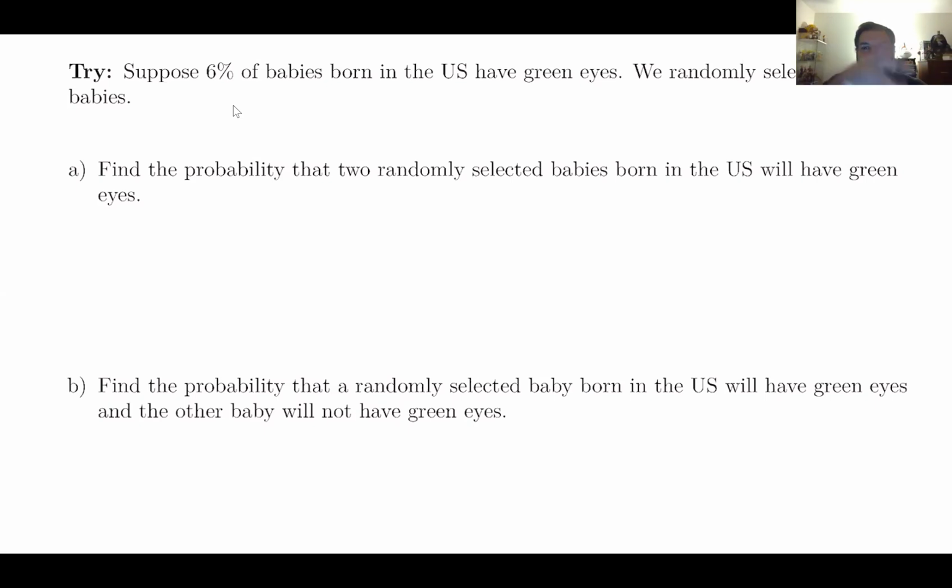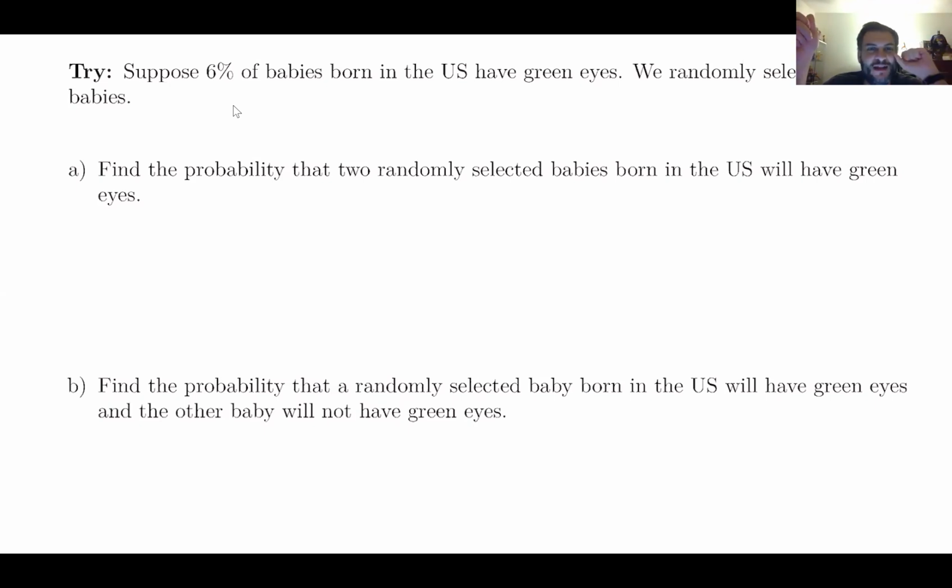So if I pick 1 baby and this baby has green eyes, the chance that the next baby has green eyes is still going to be the same, because this baby doesn't influence the probability that the next one is going to have green eyes. So for this one, we're going to say they're independent.